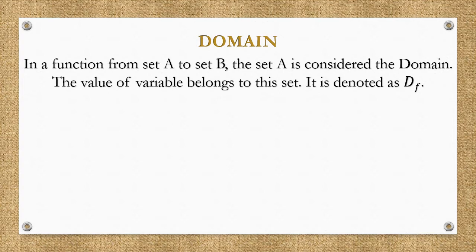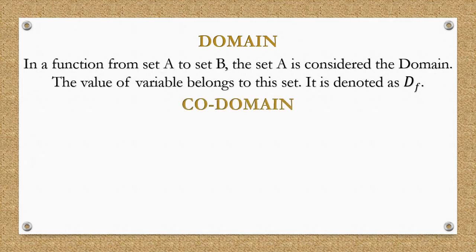For this purpose we have the function. So if we are taking the values of A, putting them into the function to find the values in set B, then A is called the domain of the function. We will put values of A into the equation, so A is called the domain.